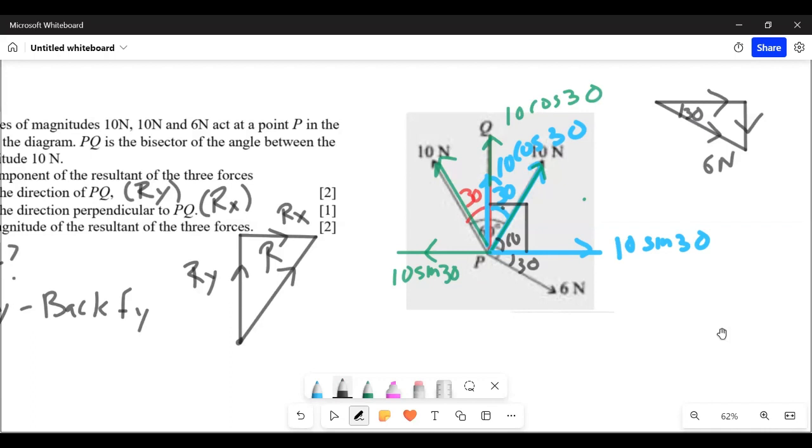Opposite to 30 is going to be 6 sine 30. Adjacent to 30 is going to be 6 cos 30. So I'm going to draw these two components now. In this direction, there is 6 cos 30. And in the downward direction, I'm going to draw the component here so that all the components originate from the same point. This is the opposite component, so 6 sine 30. Now we've resolved all the components.